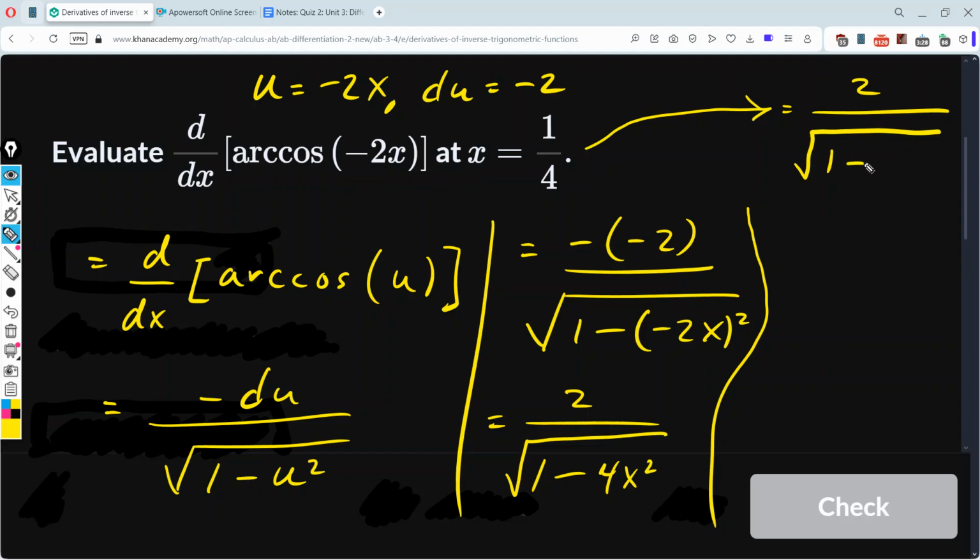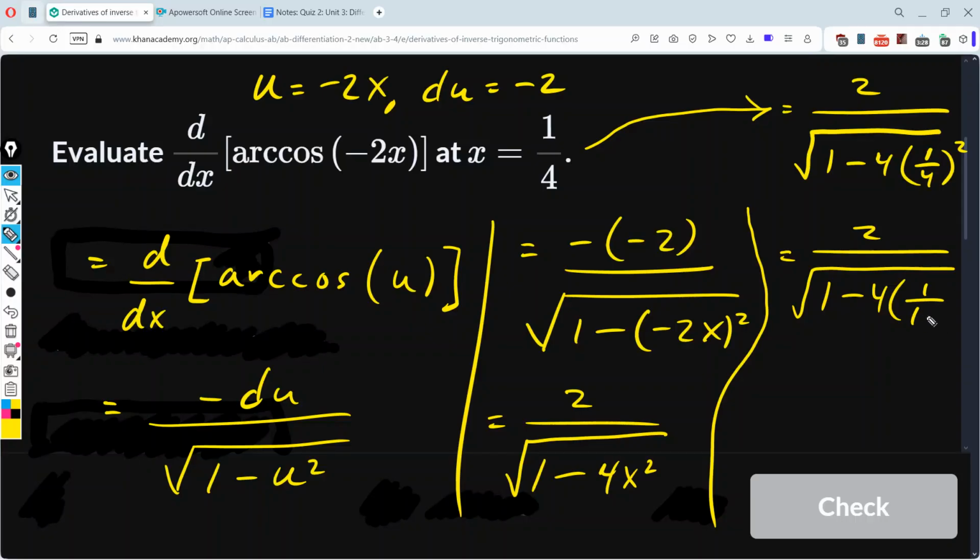So that's 1 minus 4 times 1/4 squared. All right, and that's going to be 2 over the square root of 1 minus 4 times 1/4 squared. You square the top and bottom individually. 1 squared is 1, and 4 squared is 16.